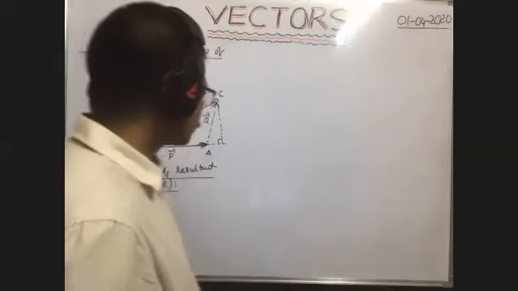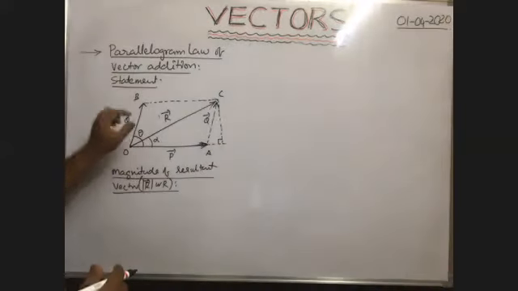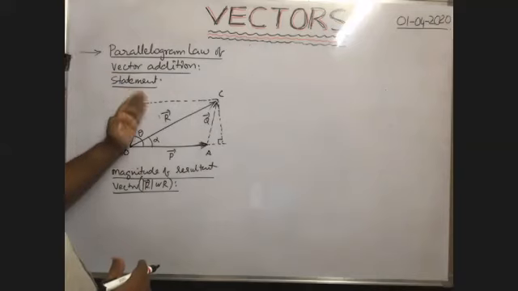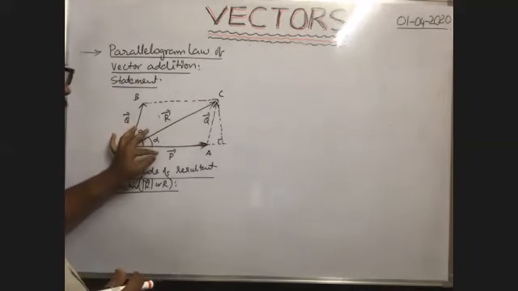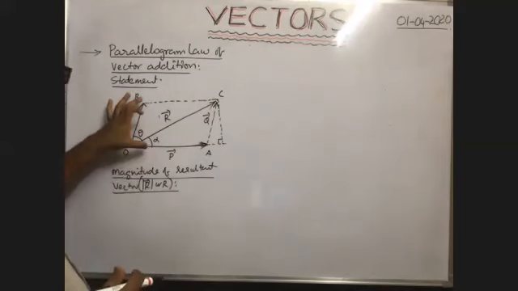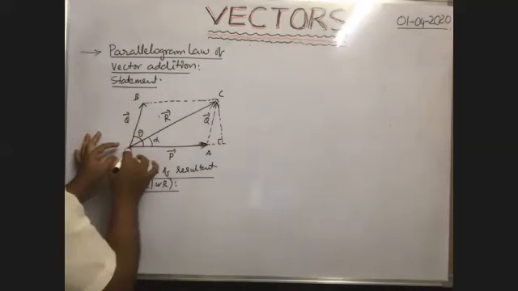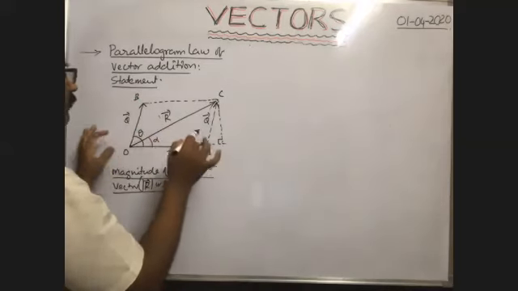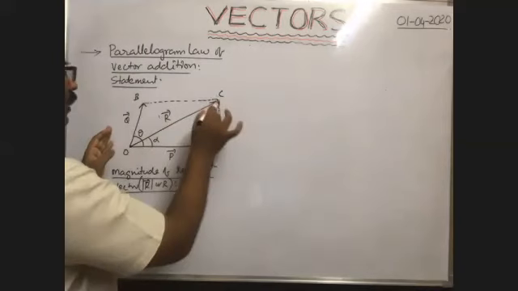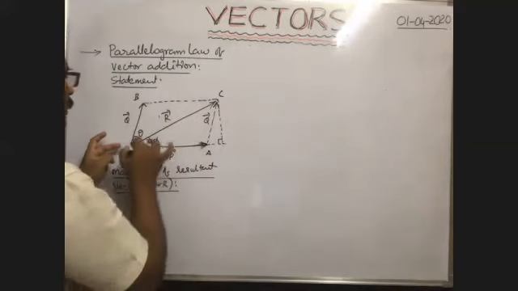Here, when two vectors act on a particle simultaneously at a point, to obtain the resultant of these two vectors you construct the parallelogram by taking these two vectors as the adjacent sides. This is the parallelogram constructed. These two are adjacent sides, no?